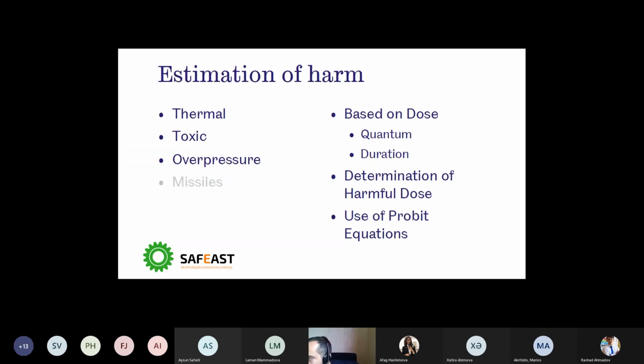So in terms of the estimation of harm, specifically for thermal, toxic, and overpressure, we do it based on dose. When I say dose, it's based on quantum and based on duration, and we determine the harmful dose and use a probabilistic equation to understand what could be the lethality rate.